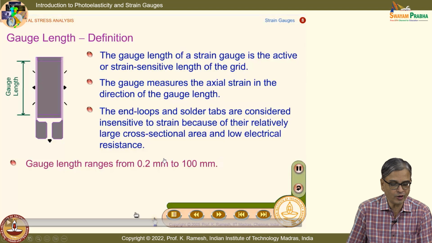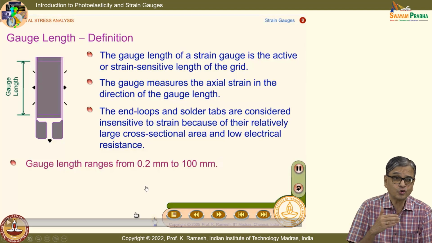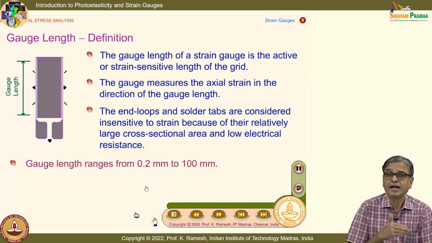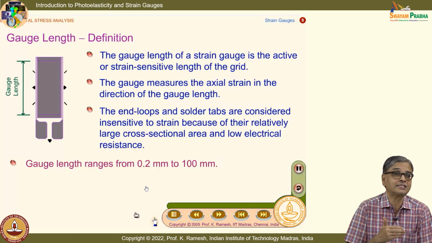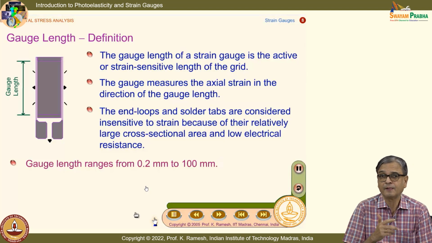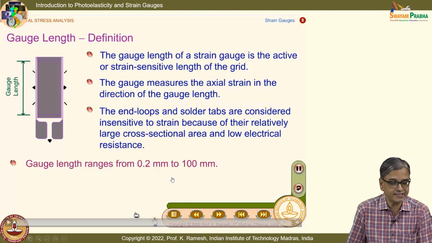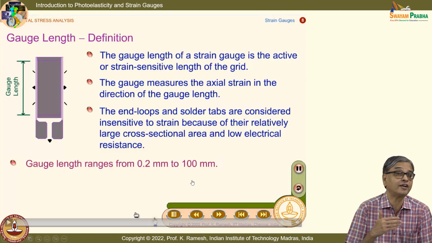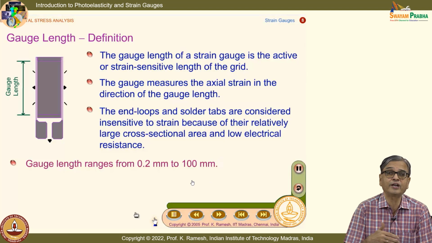If I go for 0.2 millimeter, it's going to be very expensive, and even the measurement technique has to be very sophisticated. So, the common strain gauge lengths are in the range of 3 millimeters, and you use 100 millimeter length on heterogeneous materials, because you would like to have an average of the strain over a length.